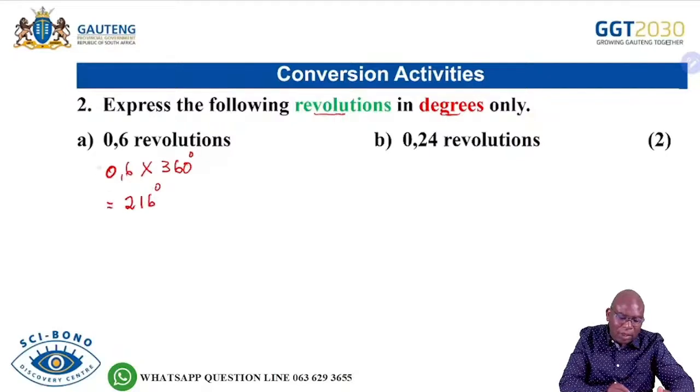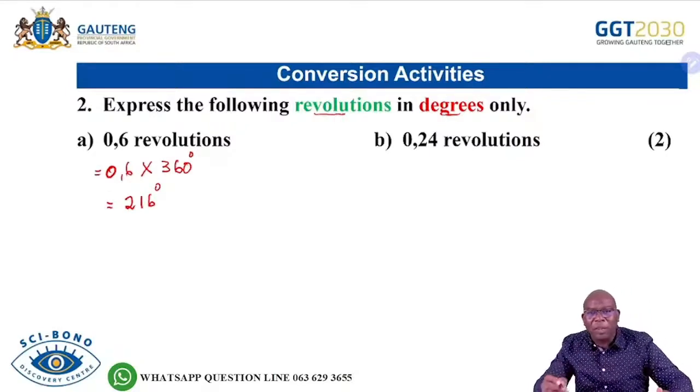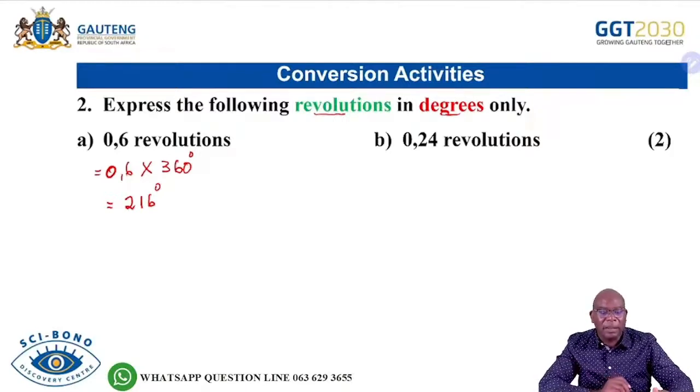So if I take 0.6 and I multiply it by 360 degrees, I'm now going to get the degrees, which are 216 degrees. All right. The next one, I'm going to give you only 1 minute to complete.